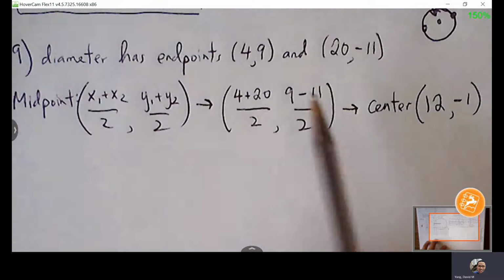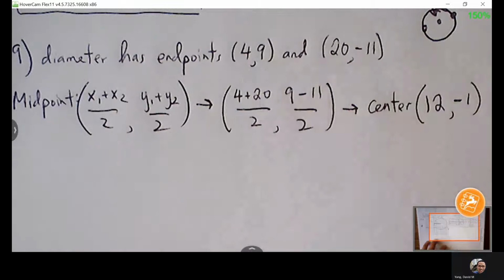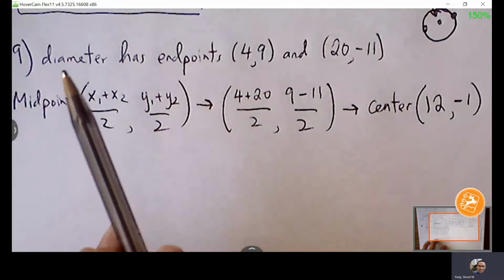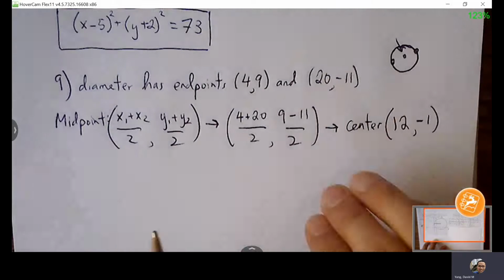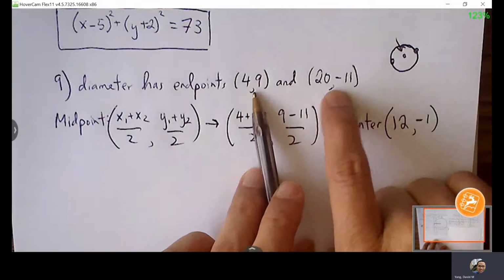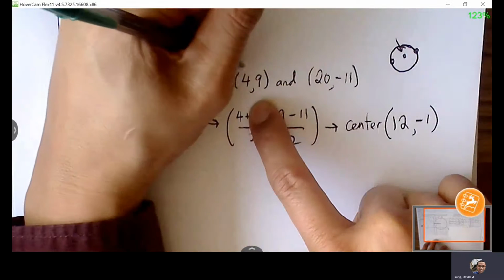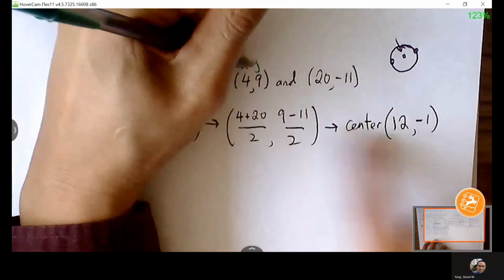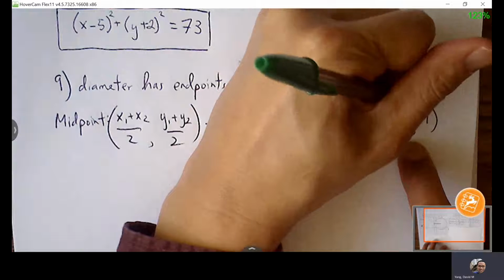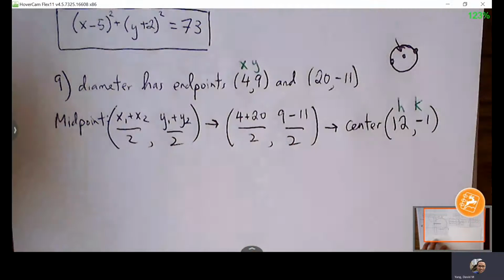So now that you have your center and a point, we can use the circle equation to help us find the radius. Either point is fine. You can choose either point to be x and y. I'll choose 4 and 9, since that seems like a number that's smaller and easier to work with. And then my center is obviously h and k. So now it feels just like the previous problem. Just want to get to the radius.